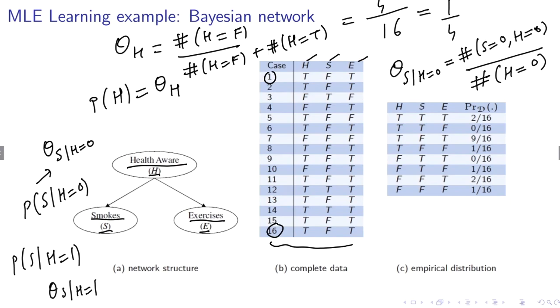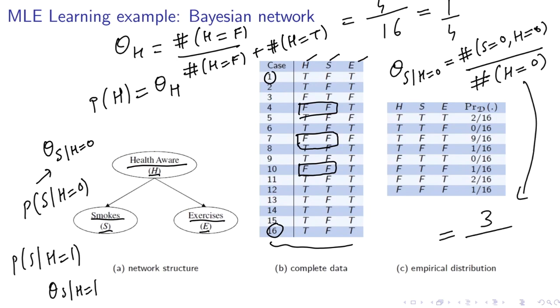So I see false and false tuples once, twice, thrice, and that's it. Okay, so this is going to be equal to 3, and we already know that the number of times h is equal to false is 4, so it's 3 over 4.